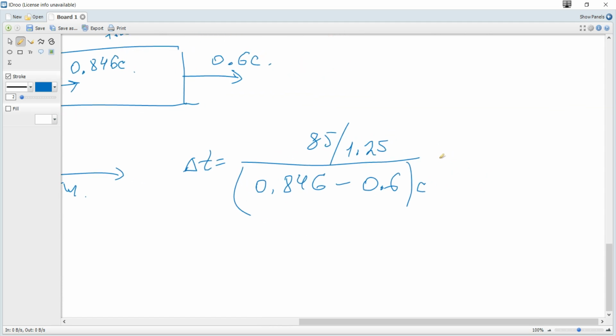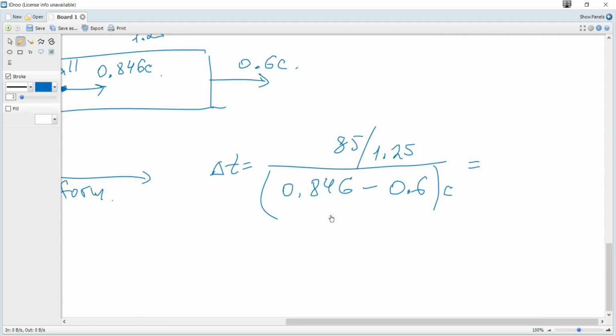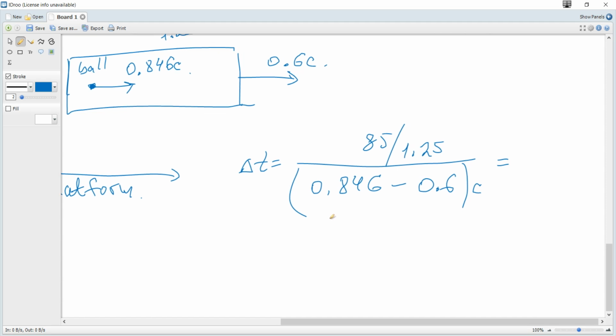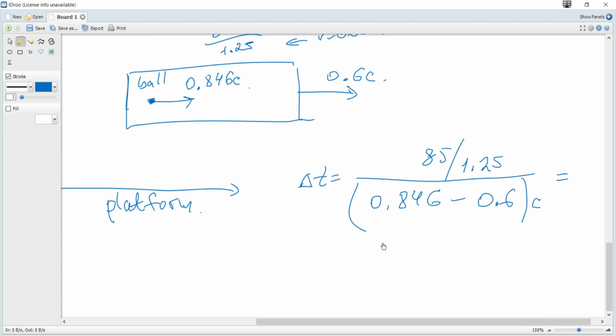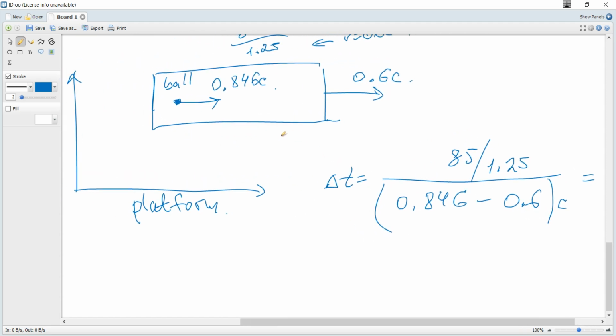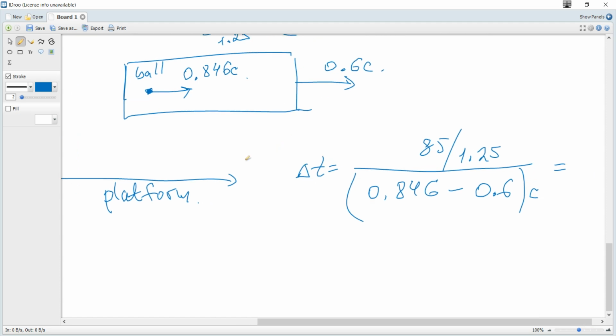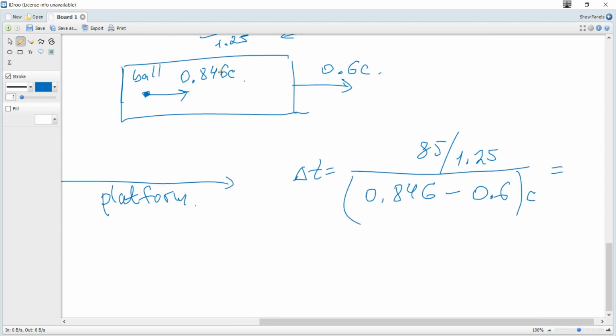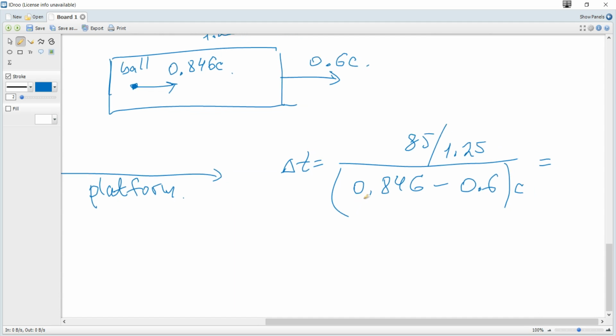Let's check. Notice it may be a bit confusing. You don't need to use the special relativity formula again, because it is already taken into account when we calculate this. So here it's just minus, because they are moving in the same direction.